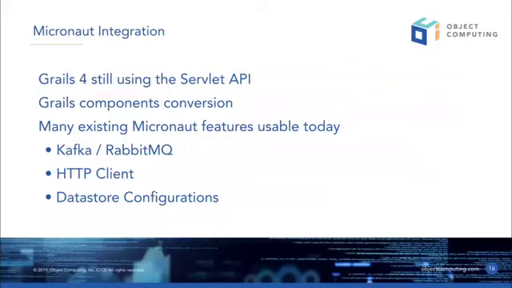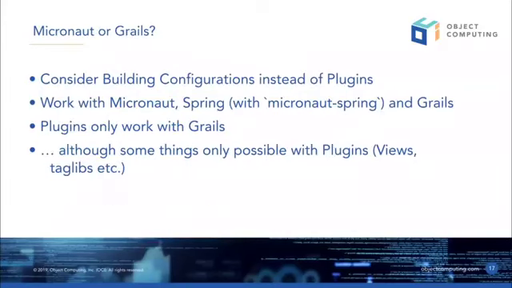And there are many existing features in Micronaut that you can use today in your Grails 4 app. A couple of those are the Kafka integration, the RabbitMQ integration, which is great, our HTTP client and any data store configurations, basically any feature that does not rely on the HTTP server.